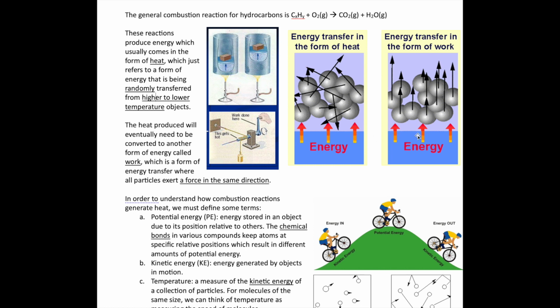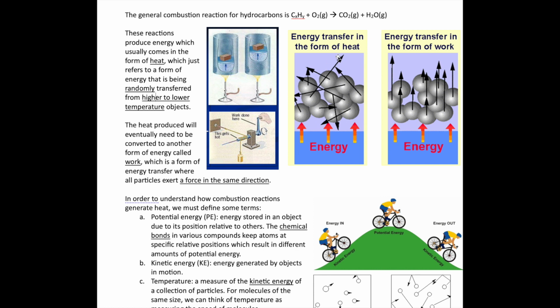If you look at these two pictures here, heat is when a molecule at a high energy, moving fast, collides with another molecule that's moving more slowly. The length of these arrows represents how fast things are moving. A particle with a longer arrow means it's moving really fast. A particle with a shorter arrow is moving really slowly. But this is a random motion.